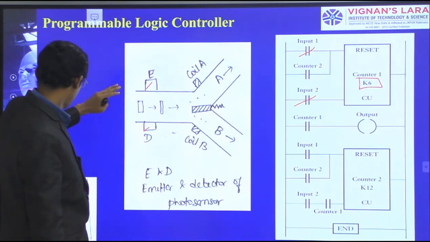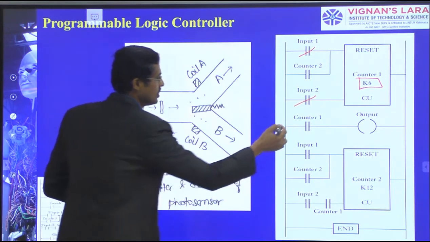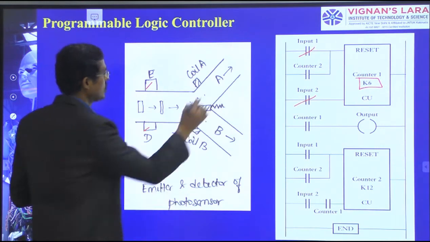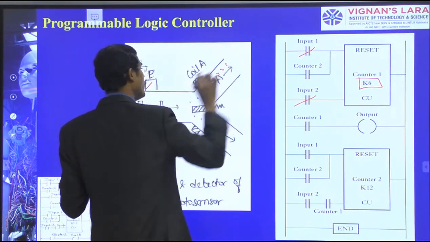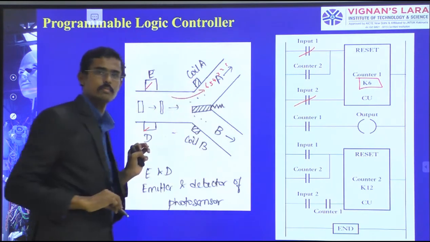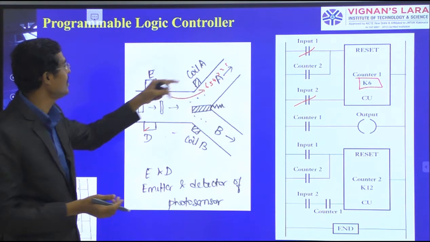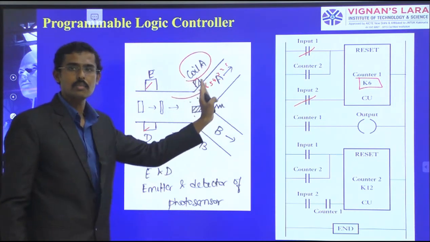Now what we have done here is the coil A should activate when counter 1 K6 is completed. K6 is complete. Now 6 objects, 1, 2, 3, 4, 5, 6, went here in this path. Now I want to close this path. I want to energize coil A in such a way that the flip flap comes and closes this.